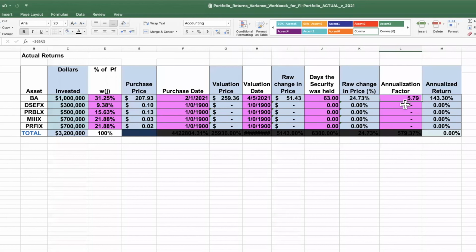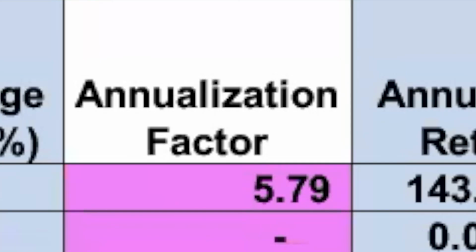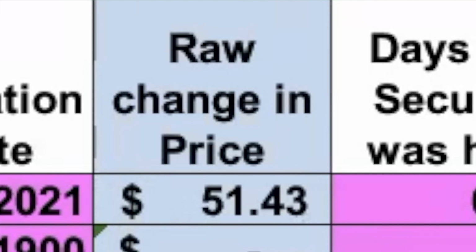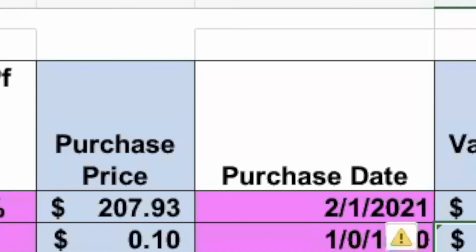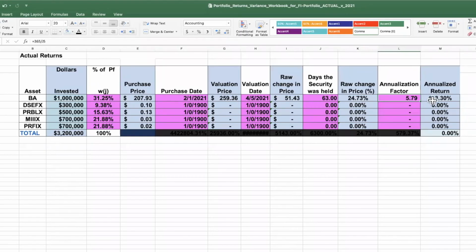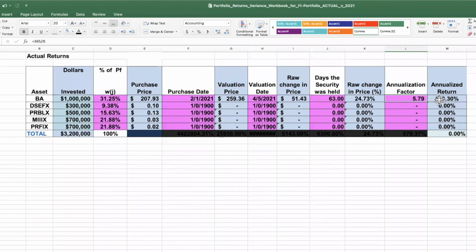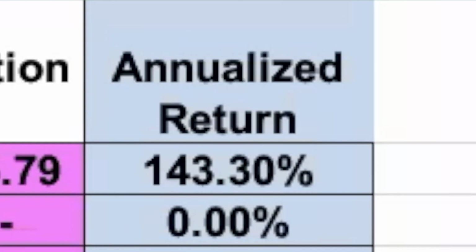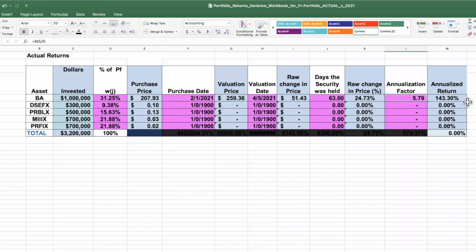So essentially we're saying what would happen if the security continued to increase in price at that same rate throughout the year. The annualized return is going to be this annualization factor times the raw change in price, all divided by the initial purchase price of the security. So in this case, if this stock continued to grow at this rate throughout the year, the annualized return would be 143.3% per year.